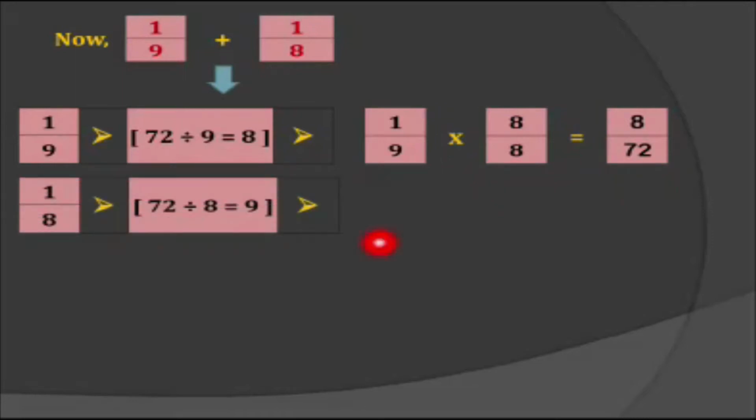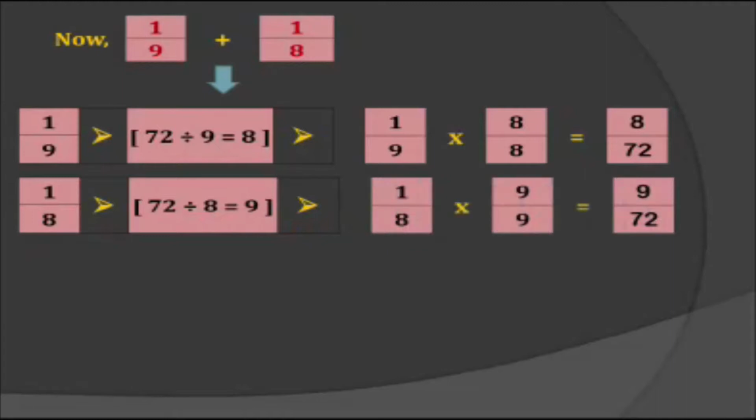Next we can see here 1 by 8, and 72 divided by 8 is equal to 9. And we will multiply 1 by 8 by 9 by 9. So 1 9 is 9 and 8 9 is 72, right?